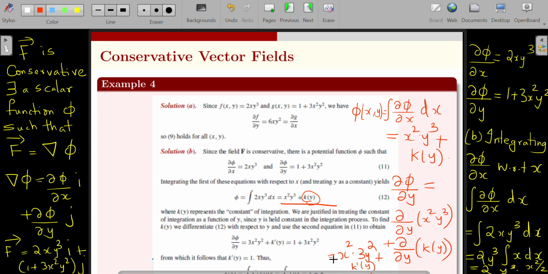So we obtain ∂φ/∂y as 3x²y² plus k'(y). This is ∂φ/∂y.